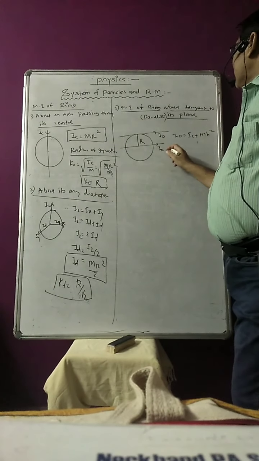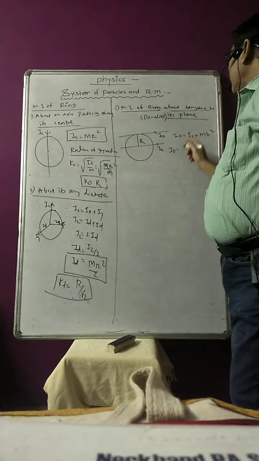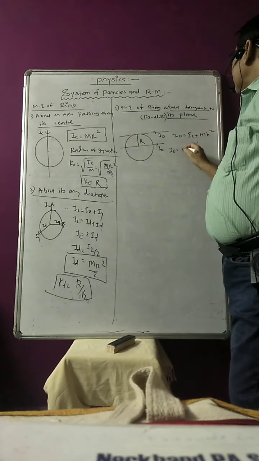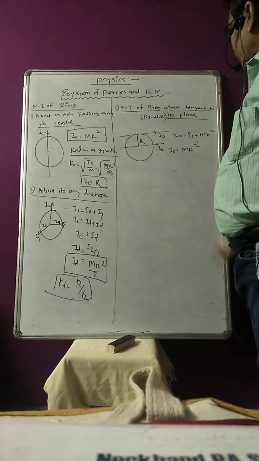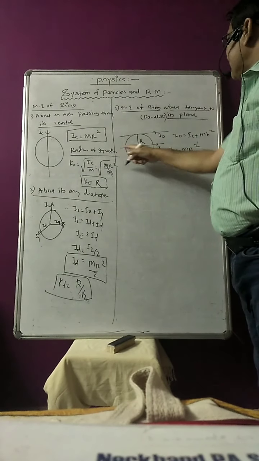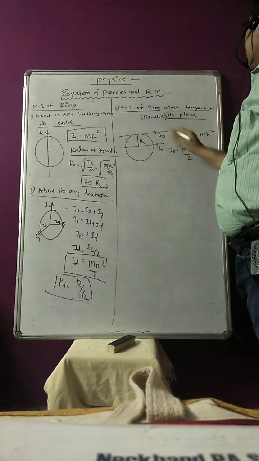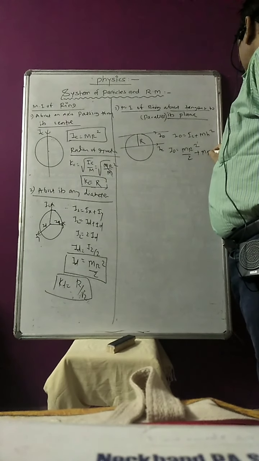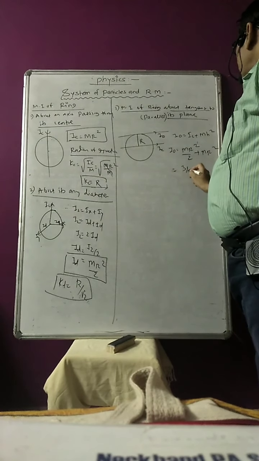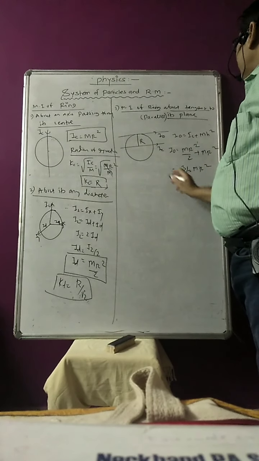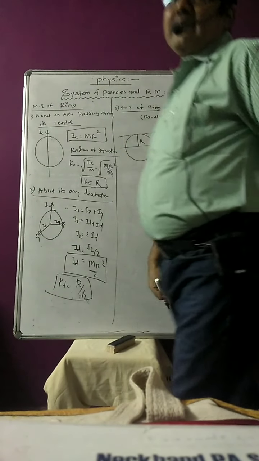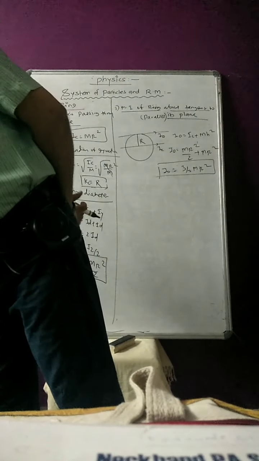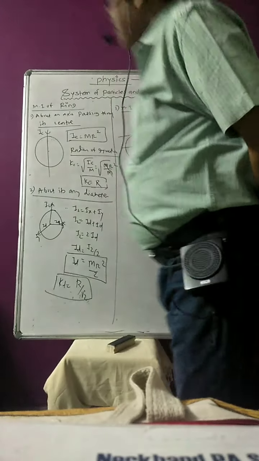So therefore IO is equal to, you have calculated IC, that is MR square by 2 about its diameter, plus M into R square, and that answer will be 3 by 2 into MR square. So that is the moment of inertia of the ring about a tangent in its own plane, 3 by 2 MR square.